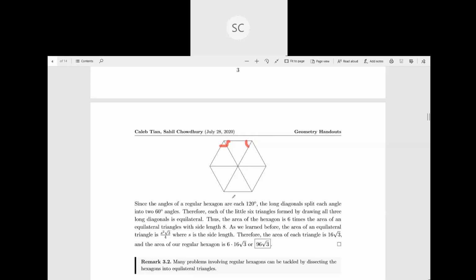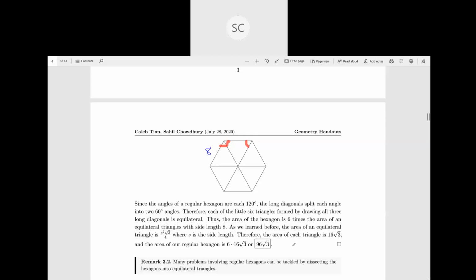If you remember from last lesson how we learned to count diagonals, an important tool we learned was to look at each vertex. So let's say I have an n-gon.